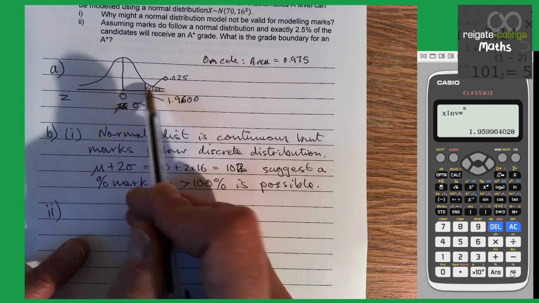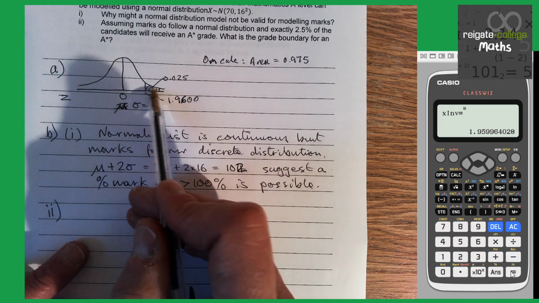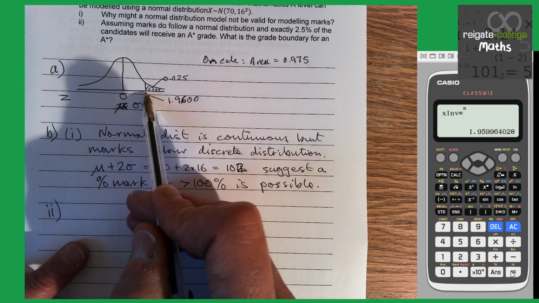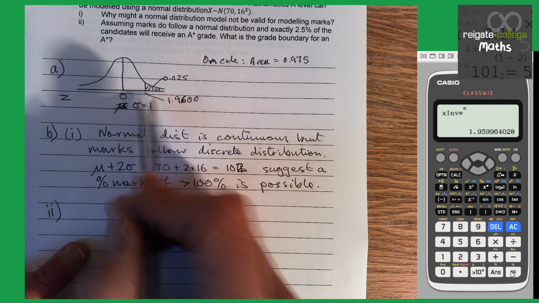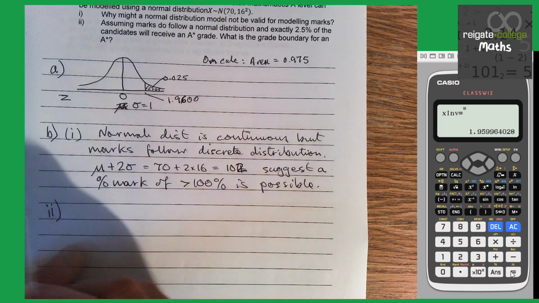So this is the distribution that we've just sketched in part A. So we want our mark to be at 1.96 times the standard deviation above the mean.